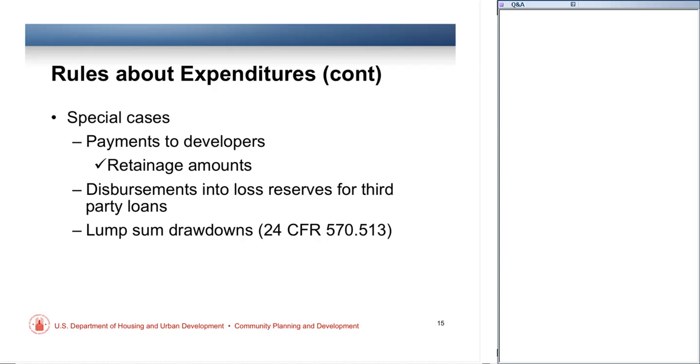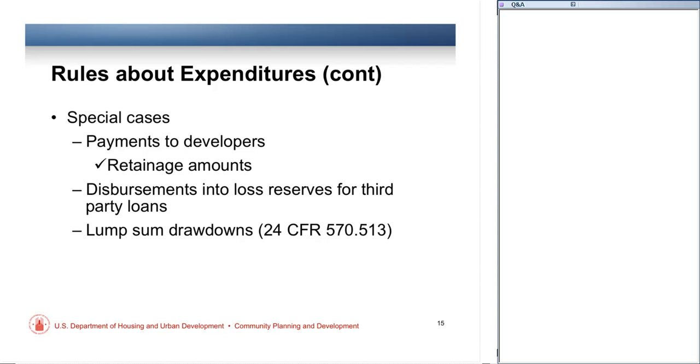And so the question initially was, was that an obligation? The answer to that was no. And likewise, it's not an expenditure, just simply putting the money into this lump sum account. The use of the money in the lump sum account is what counts as an expenditure.